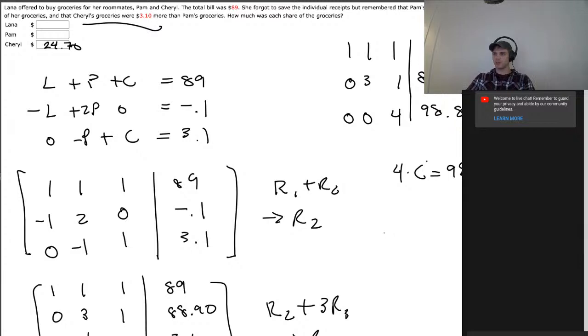So 3 times Pam plus Cheryl equals 88.9. Cheryl we found was 24.70, so 3 Pam equals 88.9 minus 24.7, which is 64.2. We divide that by 3. We get 21.42. Or I'm sorry, 21.4.